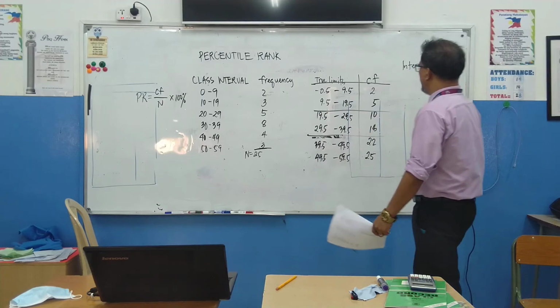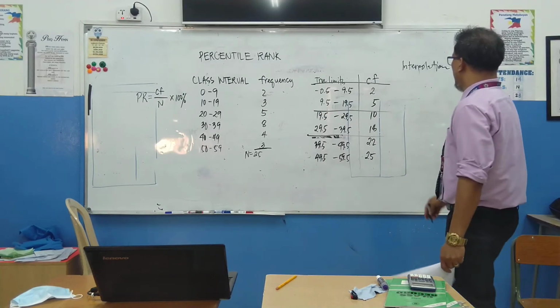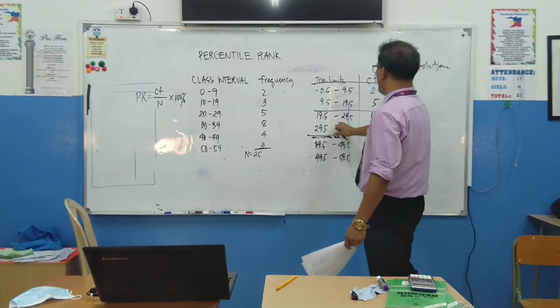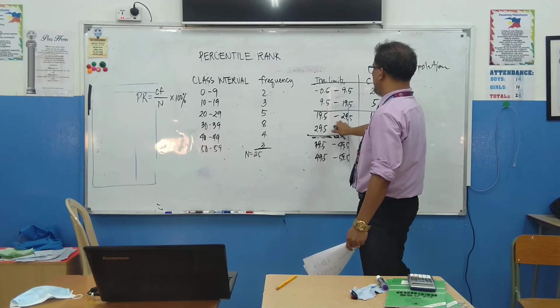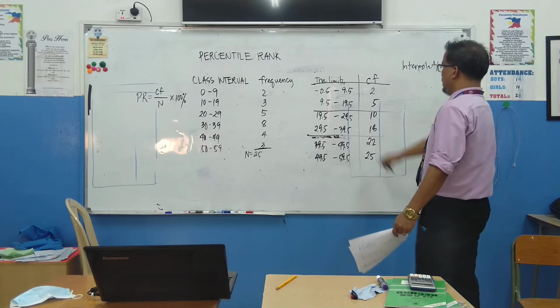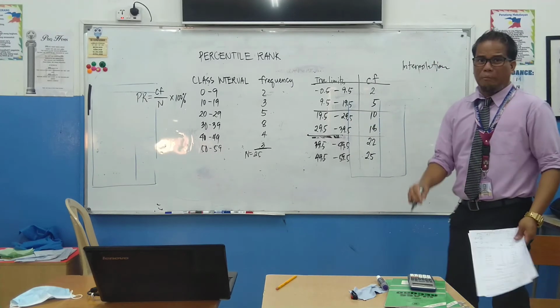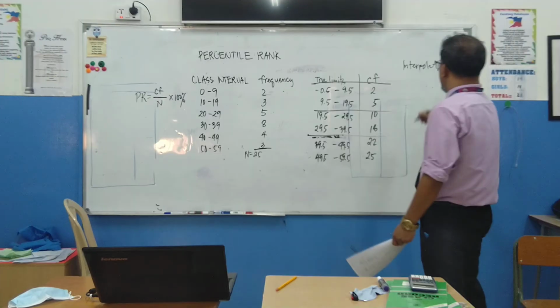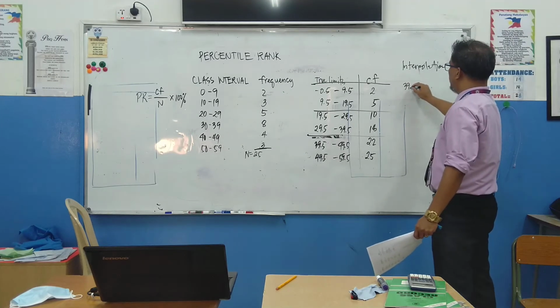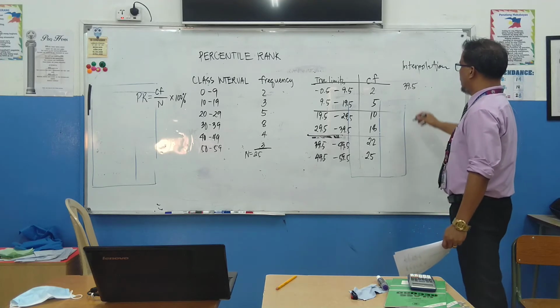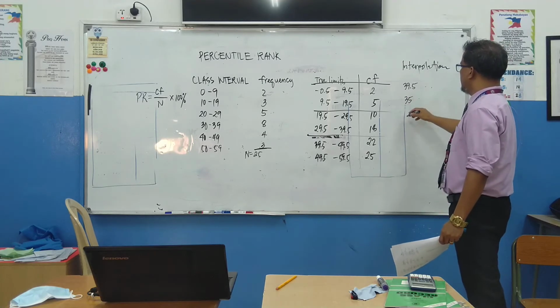So we will use this cumulative frequency, and also the limits from 29.5 up to 39.5. So we are looking for the percentile rank of a score of 35.